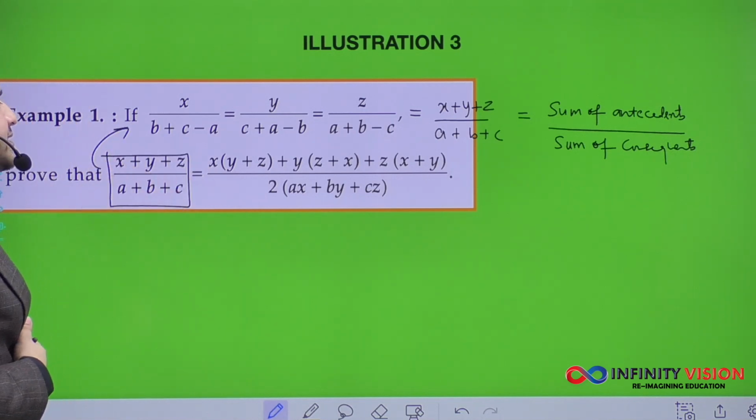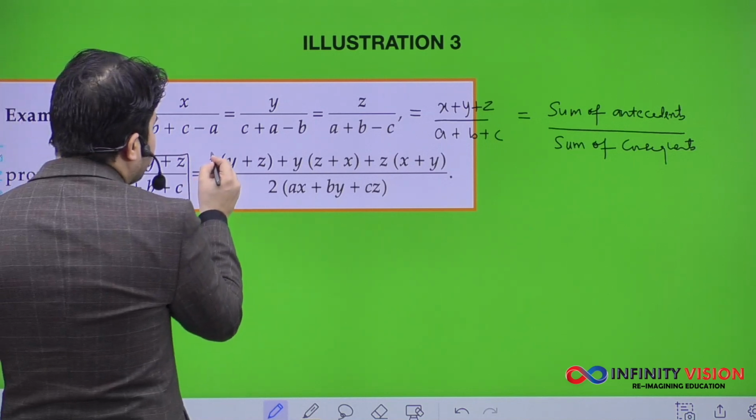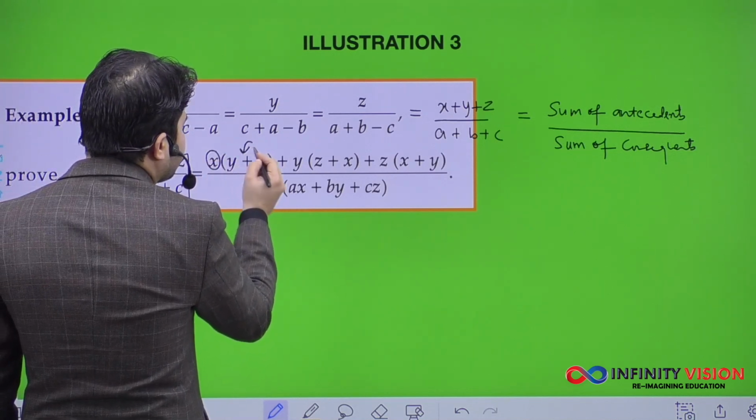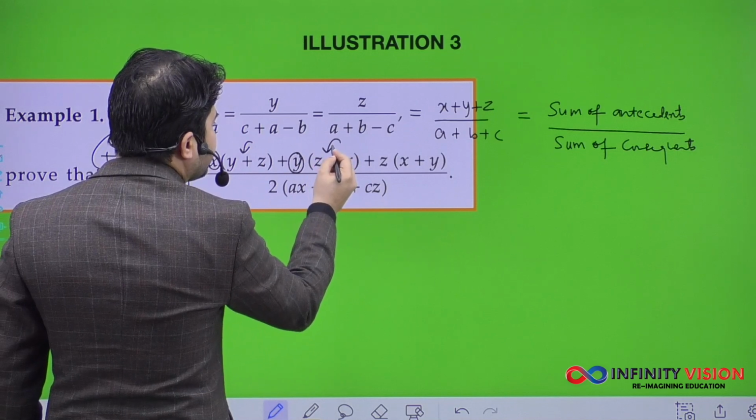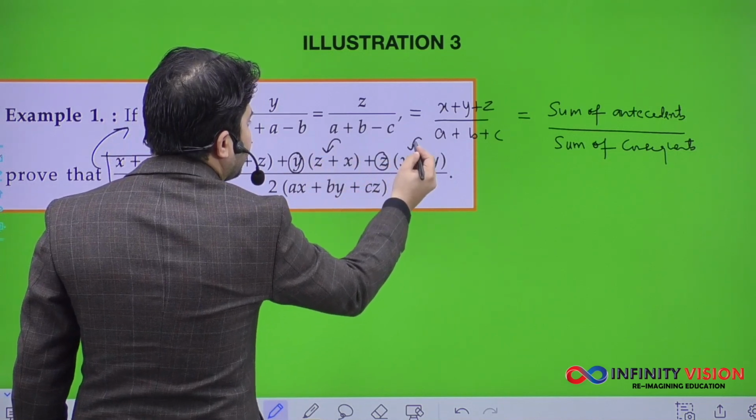Now what about the right hand side? You see, with x you have coefficient y plus z, with y you have coefficient z plus x, and with z you have coefficient x plus y.